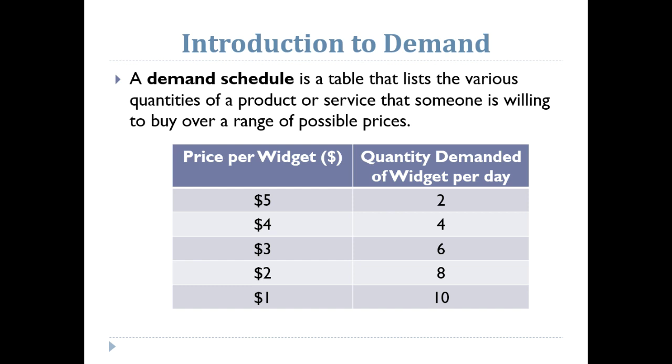When the price is 3, he purchased 6 units. When the price is 2, he purchased 8 units. When the price is 1, he purchases 10 units of the product. What we can understand from here is that when the price is going down, demand for a normal good will increase in the market. A tabular way of representing the demand along with the price is known as a demand schedule. Let's go to the next slide.